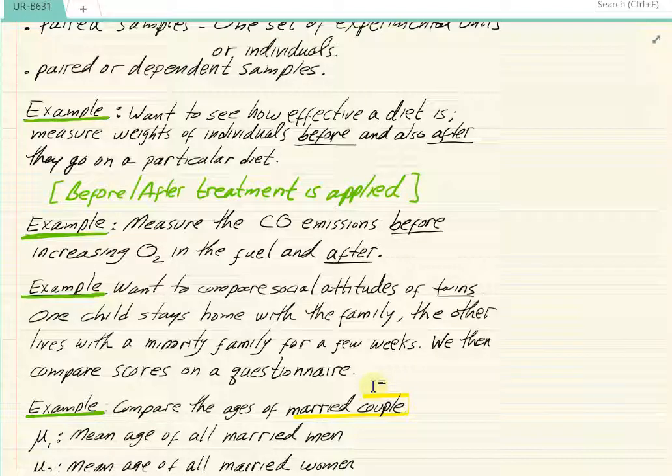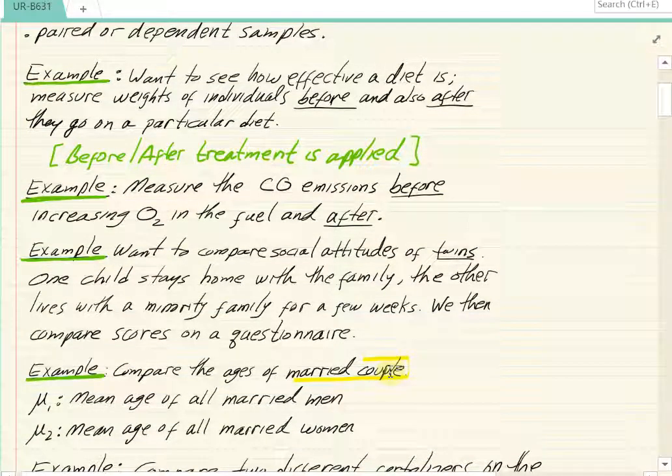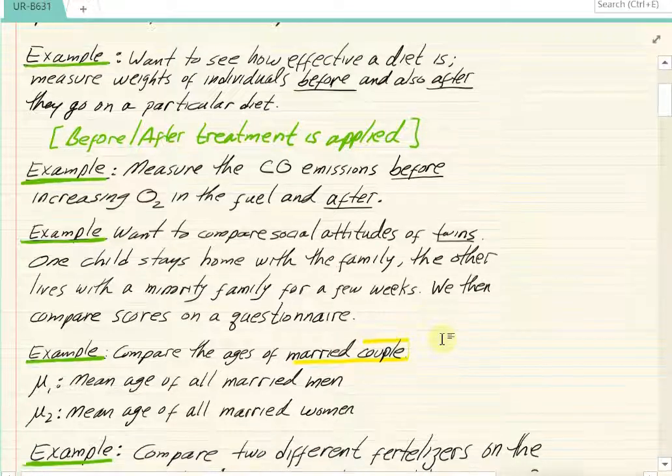So here the mu1 would be the average age of all married men, mu2 would be the average age of all married women. And let's say we may be interested in knowing whether on average men are older than women in a marriage.